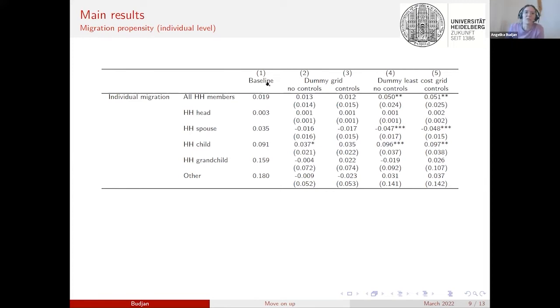And then if you look at the individual role that a person holds within the household, you see that migration from household heads does not change. But the children of the household heads are more likely to leave the household. So they are either creating their own household somewhere else, or they're just leaving to live with other family members somewhere else.